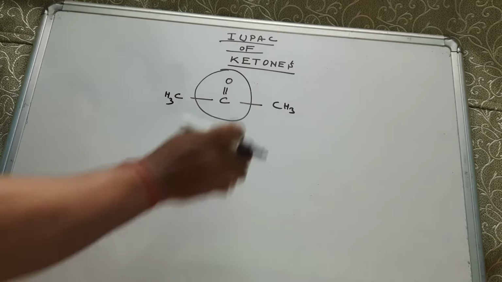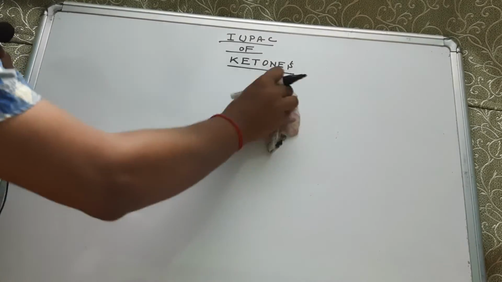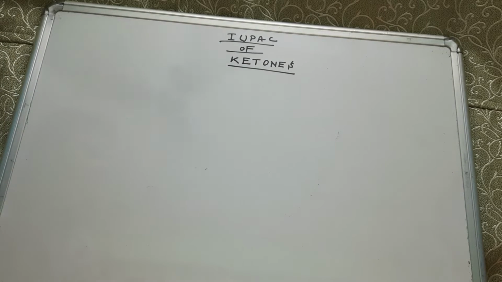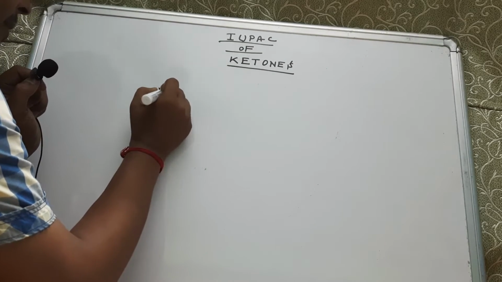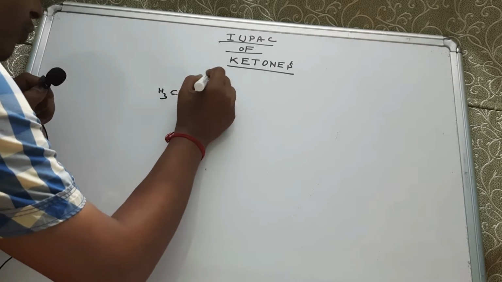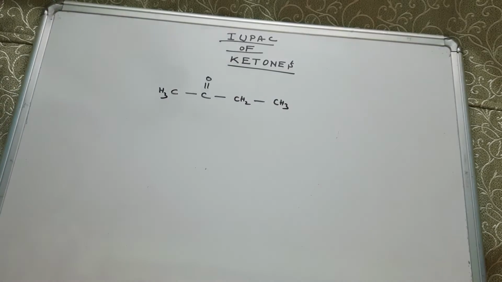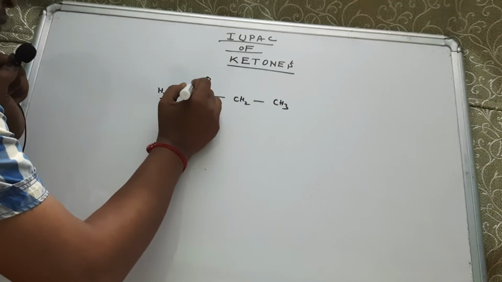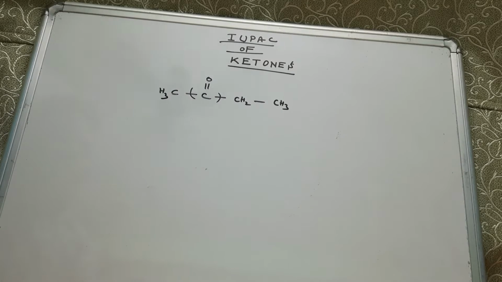But in case of ketones having more than 4 carbon atoms, if it has 4 carbon atoms, then here again that carbonyl group must be placed at the number 2 position.